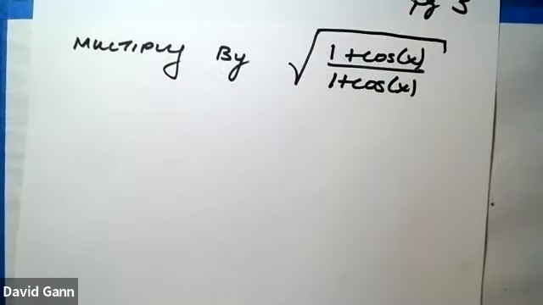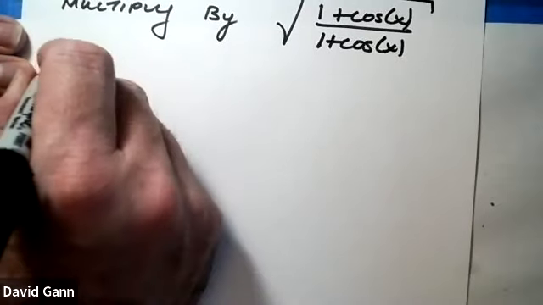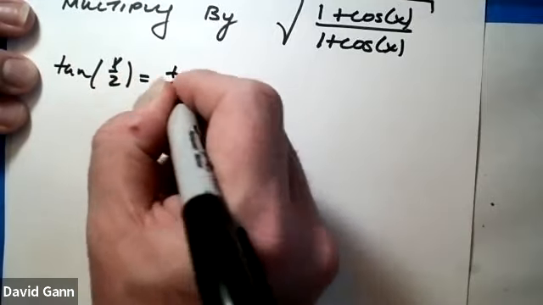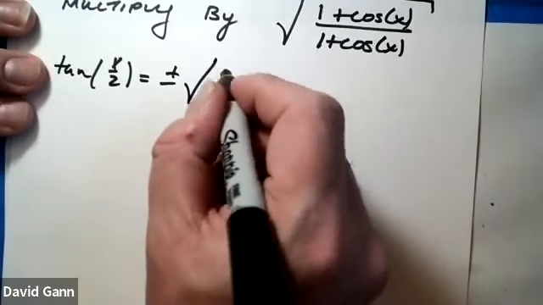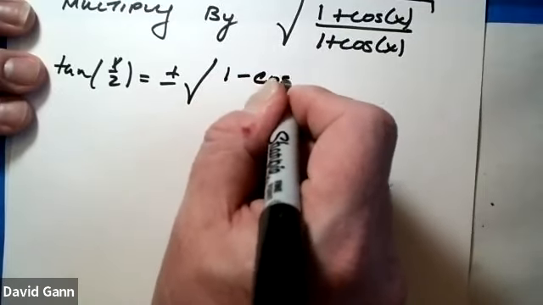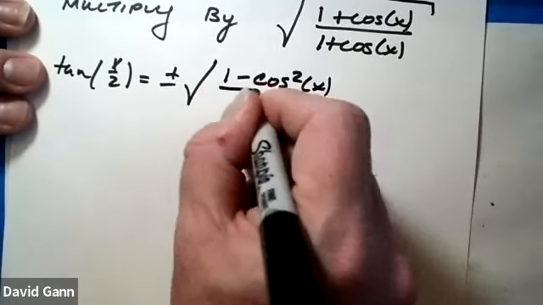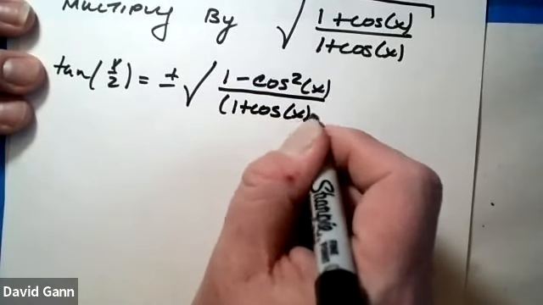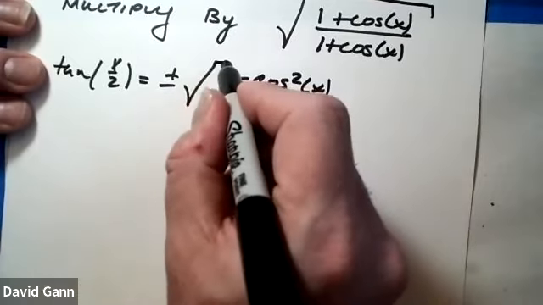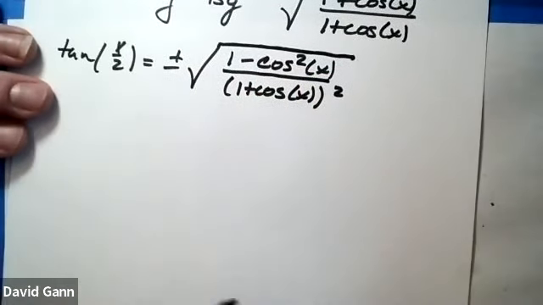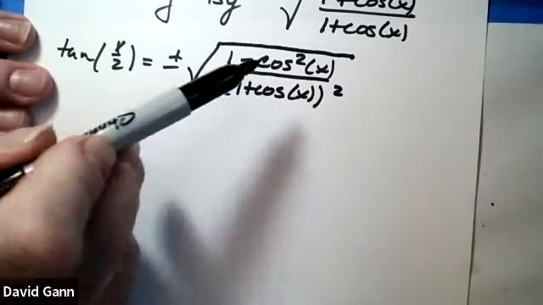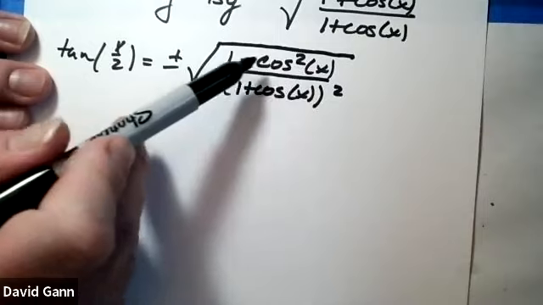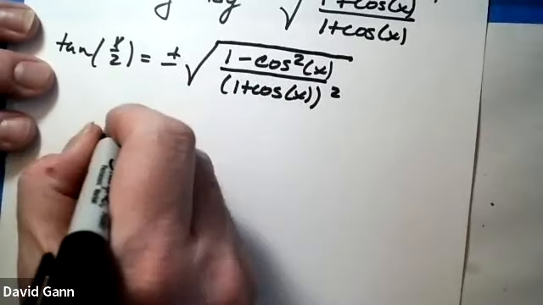Okay, and what we end up with there is tangent of x over 2 is equal to plus or minus the square root of 1 minus cosine squared of x over the quantity 1 plus cosine of x quantity squared. Again, we make the substitution for 1 minus cosine squared of x. Note that's a Pythagorean identity. We make this sine squared.